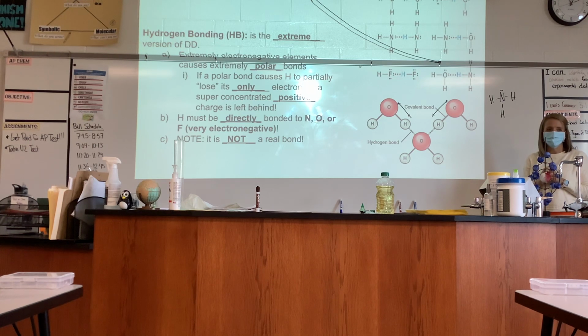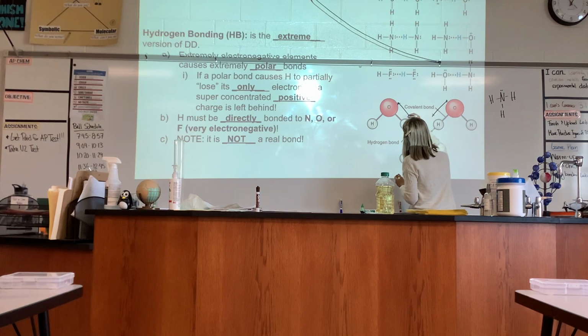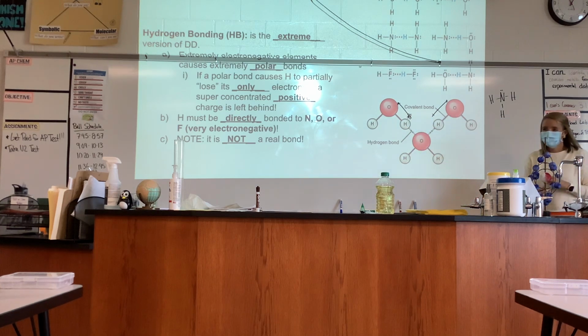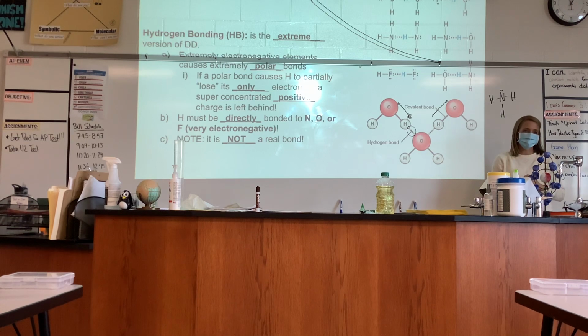What happens if you pull an electron away from hydrogen, Matt? It has no electrons. So not only is this positive, but it's in a sense a bare nucleus. So it's really positive, which increases this force of attraction between the two.